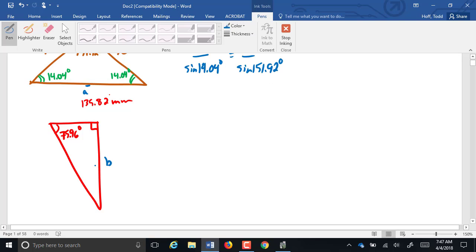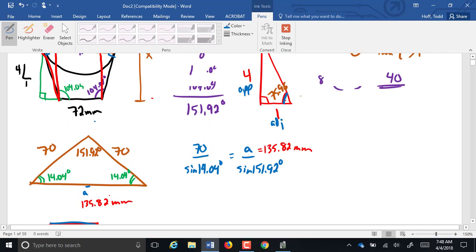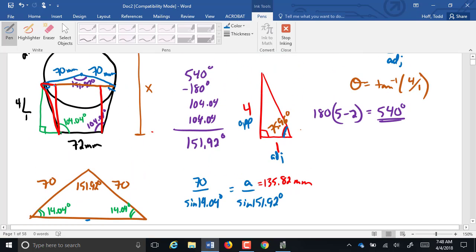I'm going to try to find that height there, that dimension there, the vertical. I know this horizontal dimension, or at least I can calculate it rather quickly. How do I know that? Well, if I look up here, this whole thing was the 135.82. I take 72 out of the middle of it.